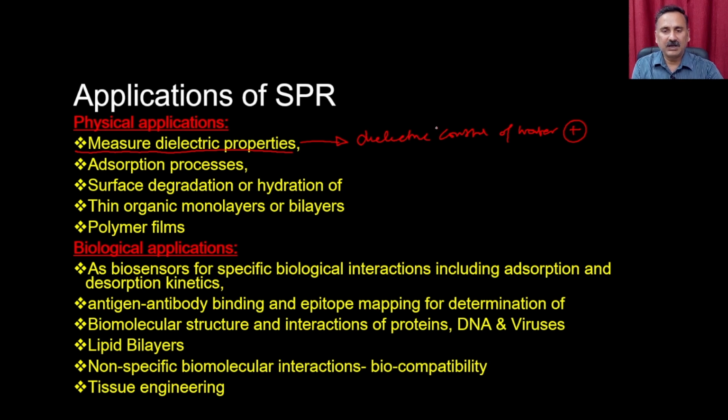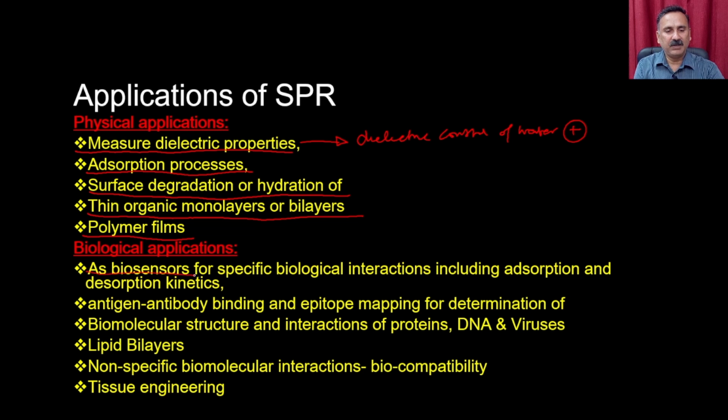If you want to vary this, you can also measure the dielectric properties of the buffer. Then you can also use it for adsorption processes. You can use it for surface degradation or hydration. Then you can also use thin organic monolayers or bilayers, and you can also use polymer films.